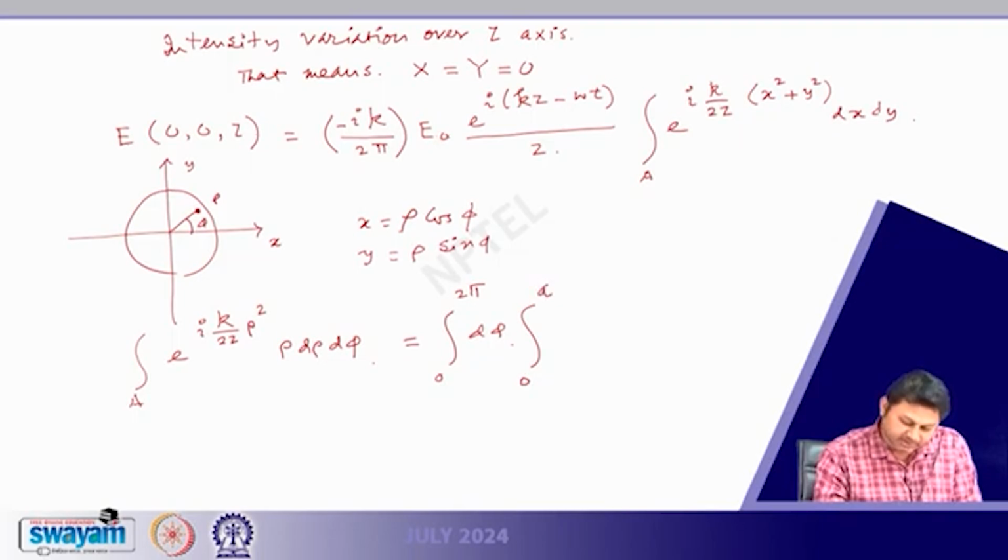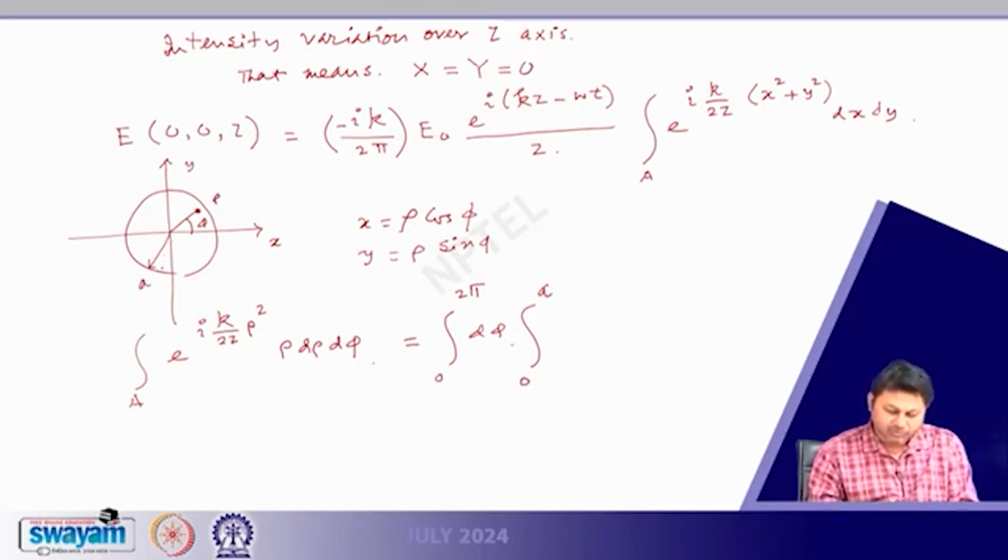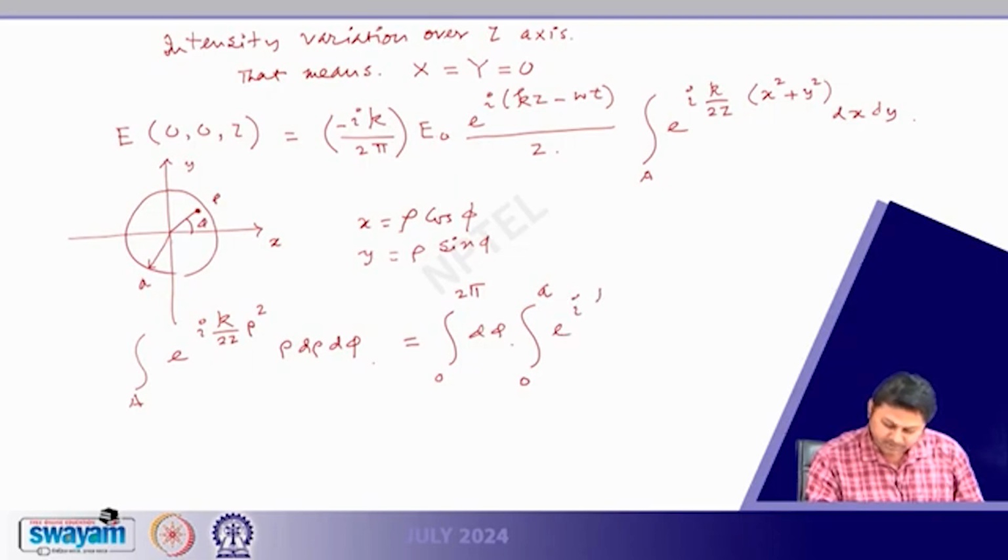So if the radius of the circular aperture is a, the integral goes from 0 to a of e to the power of i k divided by 2z, and then we have rho square, rho d rho.